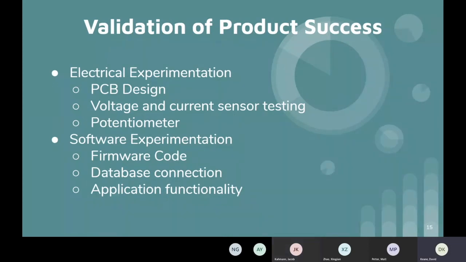So to validate some of the product success, we'll look at some of the electrical experimentations with it. The PCB design overall just ensures a compact board with safety and functionality being primary elements. The voltage and current sensor testing took two routes where we used two separate instruments to probe for both values.